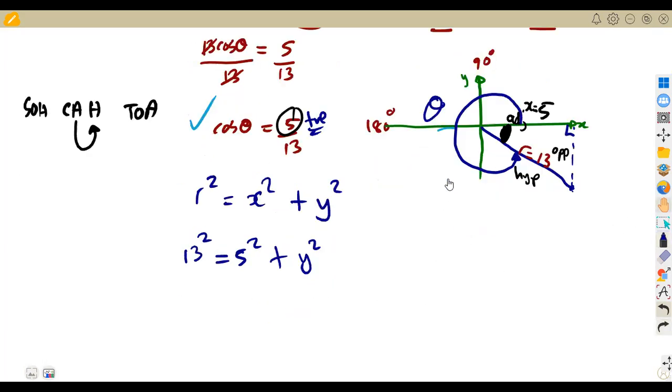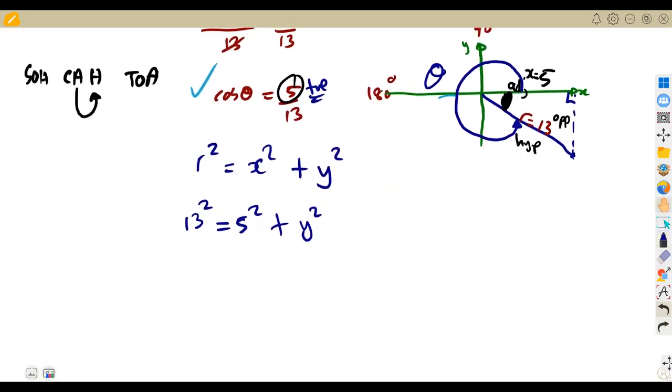We can manipulate y to be the subject, or you can find 13 squared on your calculator, which is 169, is equal to 5 squared, which is 25, plus y squared. So we can transpose 25 to the other side so that it becomes negative on that side. We can simply subtract the two values.